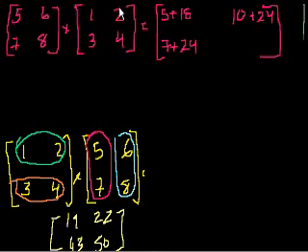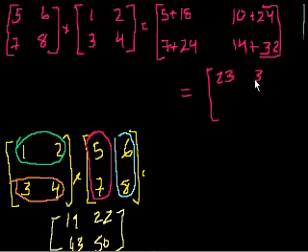So it's 7 times 2, which is 14, plus 8 times 4, which is 32. So this is equal to 5 plus 18 is 23, 34. What's 7 plus 24? That's 31, 46.